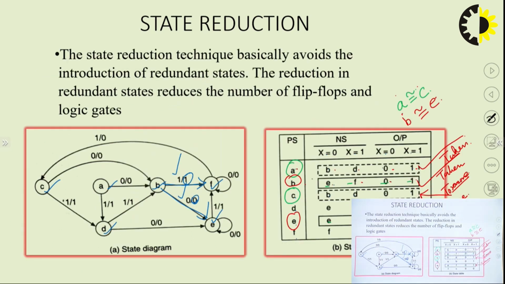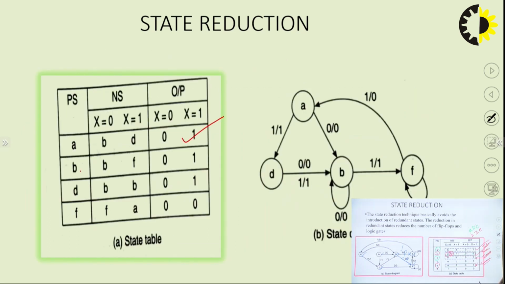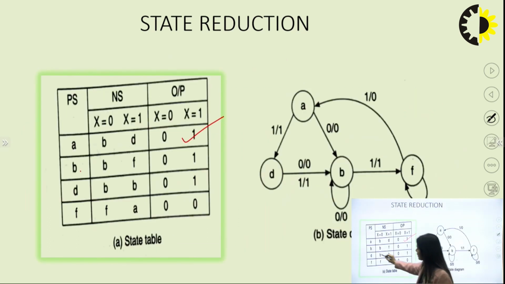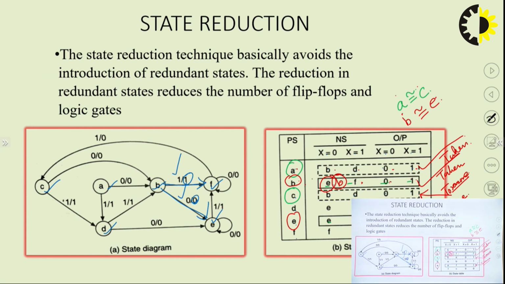So what is the problem in that? E I am going to remove. So I should write B in the place of E. So I will write BBF01. Okay. So I have written BBF01. Now next, I want to remove this also. I have already removed. So I will write DEB01. Check, E has been removed. So I will write DBB01.